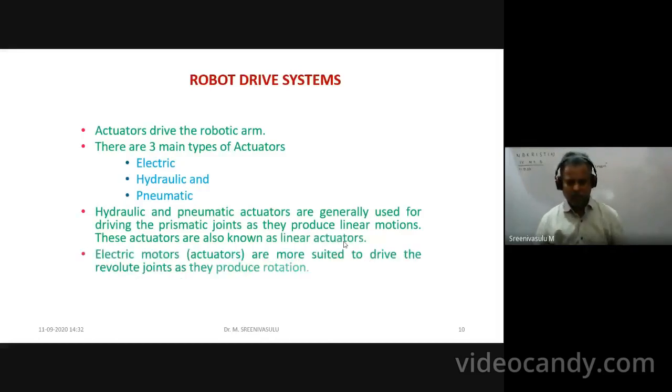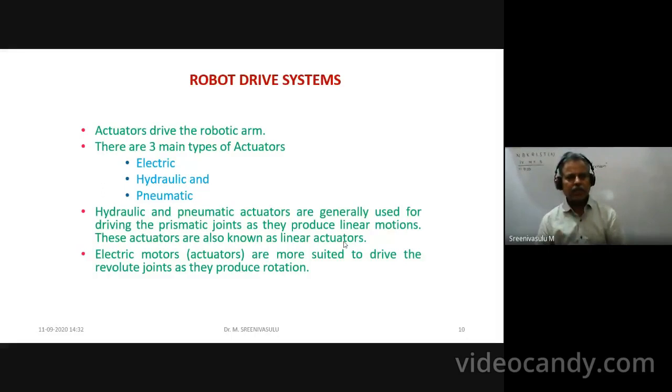So altogether, what we can conclude is that actuators are basically the devices that drive the robotic arm. This is the major device that drives the robotic arm, because all the joints associated with the robotic arm and the body, and of course on other grounds, are connected with a particular type of joint, and at each and every joint some actuator drive is mounted.